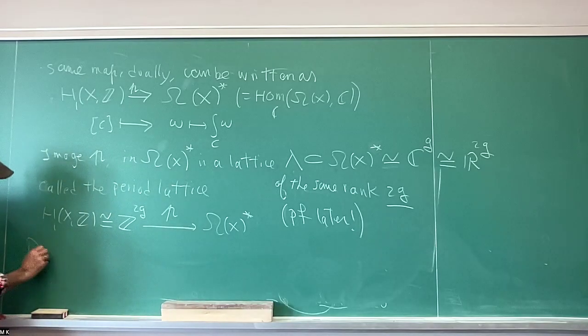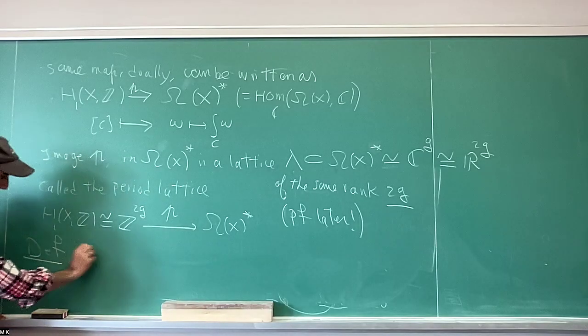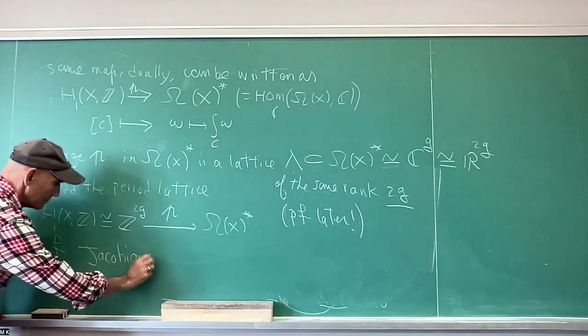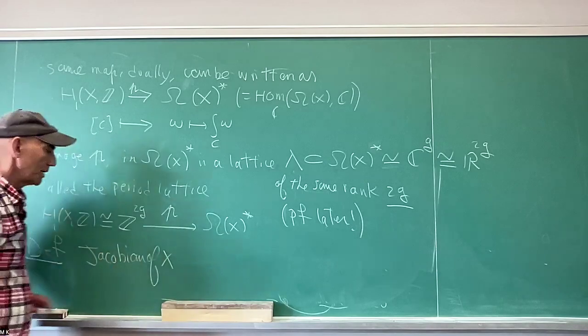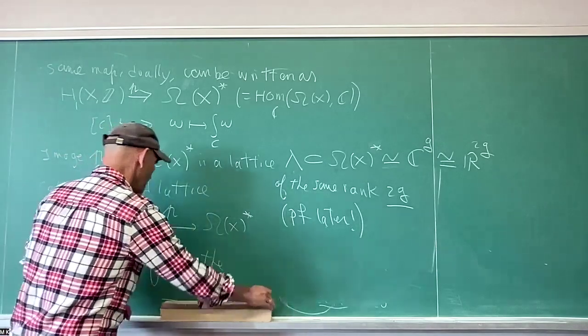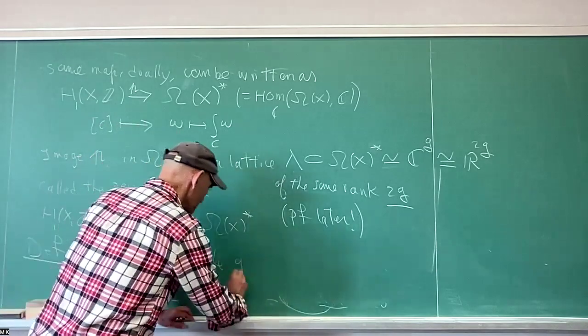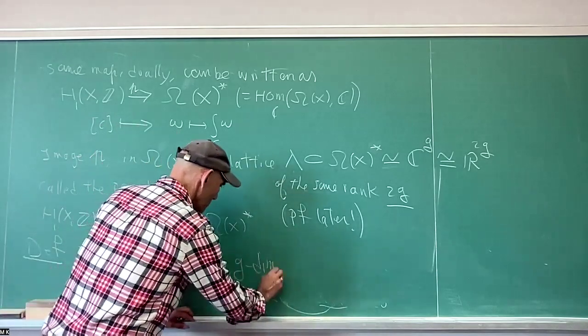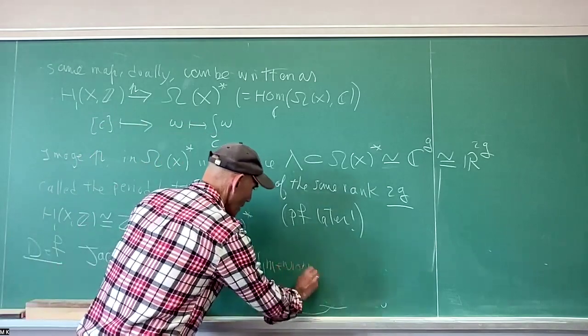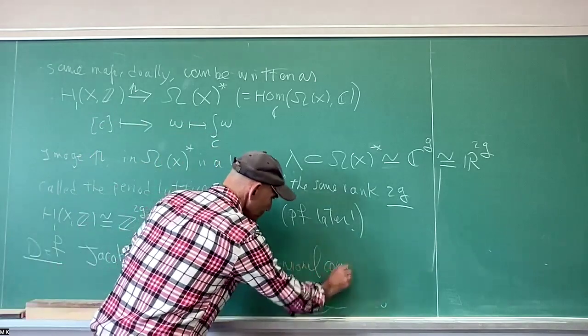So the definition is that the Jacobian of X is the g-dimensional, this is the complex dimension, complex torus.